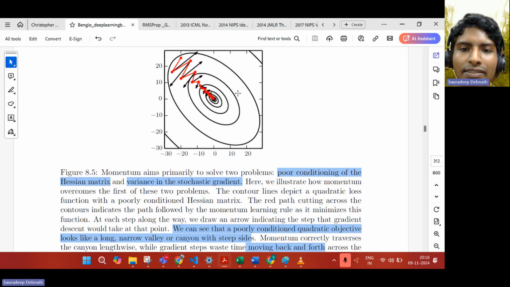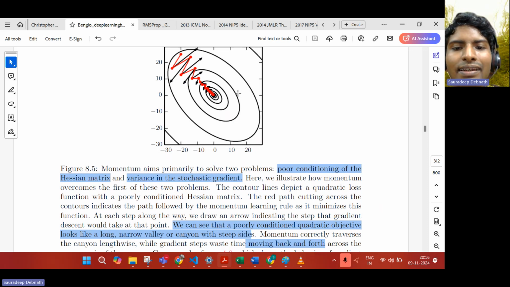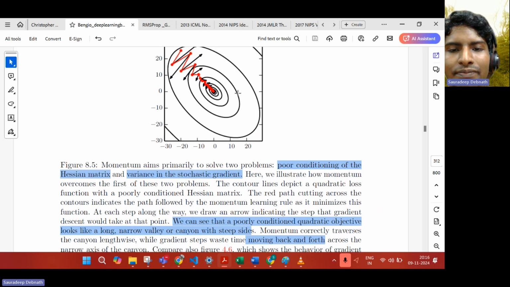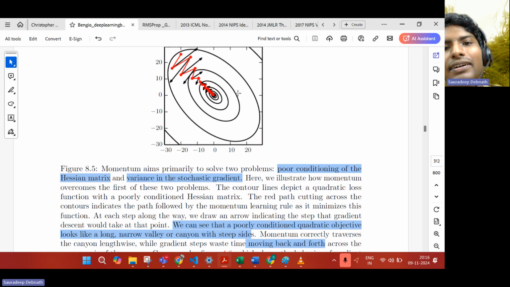So this helps in such narrow valleys. And the second thing is stochastic gradient descent. Remember, we're not looking at the entire data set, we're just randomly taking a mini batch. That variance as well, momentum sort of helps in combating. So this is our first important algorithm, momentum.